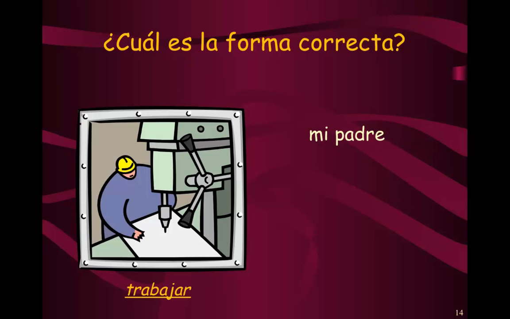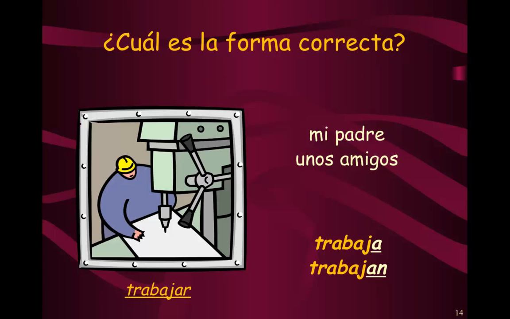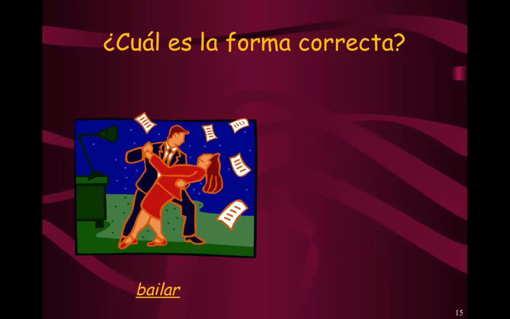My dad works. So he works, trabaja. Unos amigos, some friends. They work, trabajan, ellos. Bailar, Elena y Jose. So Elena and Jose would be they dance, bailan.